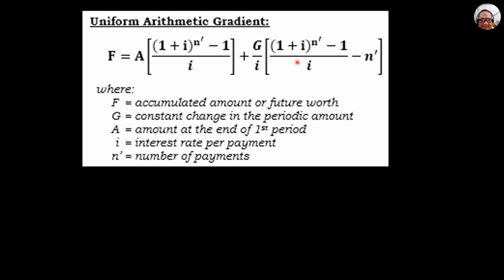And this is F2, by the way, which we derived in the preceding slide. G sub A over I, quantity 1 plus I to the n minus 1 over I minus n. So that's it.